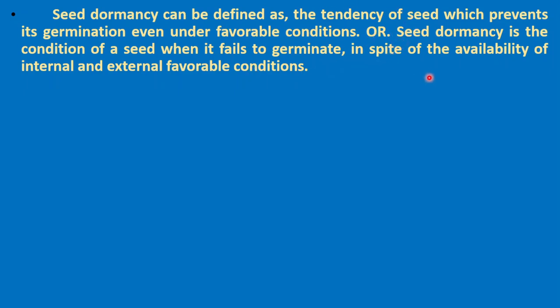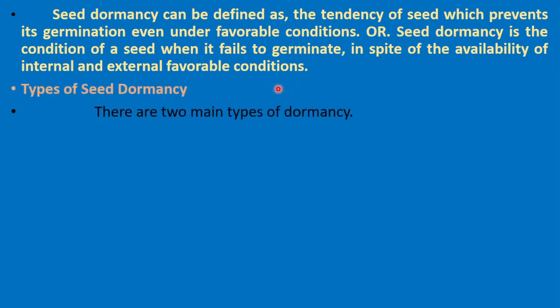Or in other words, we can define seed dormancy as the condition of a seed when it fails to germinate in spite of the availability of internal and external favorable conditions. So though internal as well as external conditions are favorable for germination, the seeds still fail to germinate. Why? Because of the mechanism of seed dormancy.